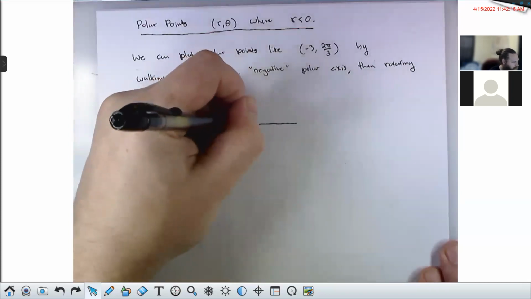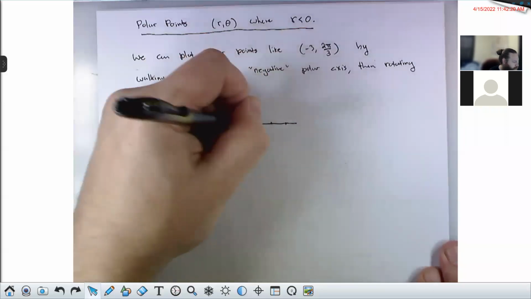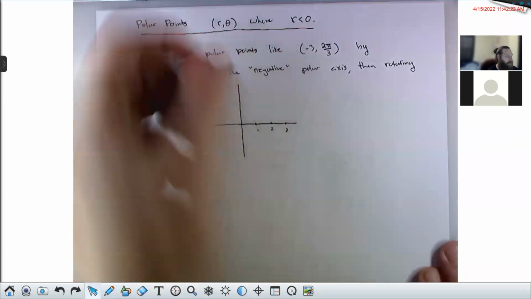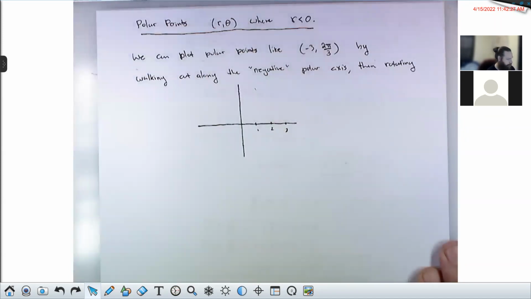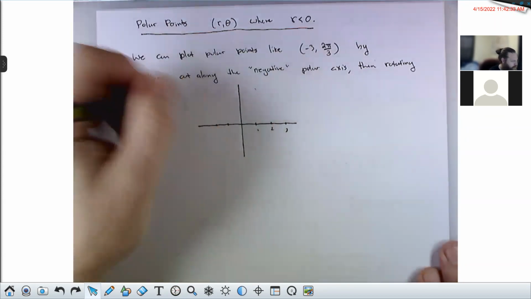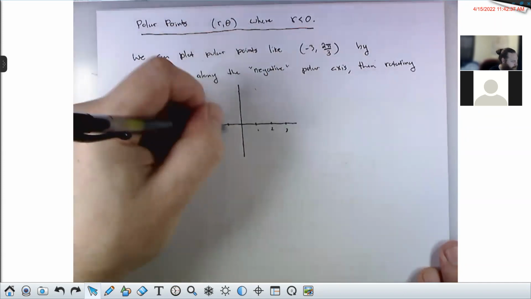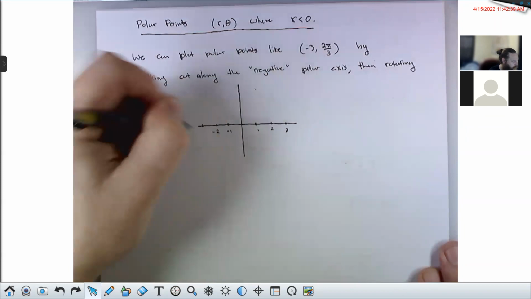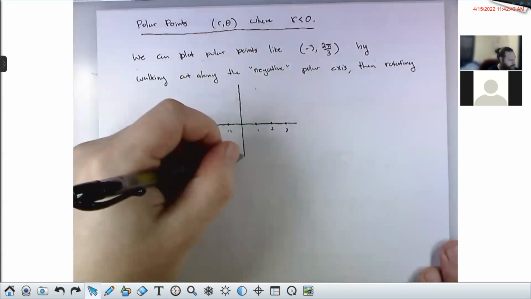Okay, so normally if I was going to go to 3 comma 2 pi over 3, I would walk out 1, 2, 3, and then rotate up by 2 pi over 3. But here I've got -3 comma 2 pi over 3. So here's -1, -2, -3 along my polar axis.